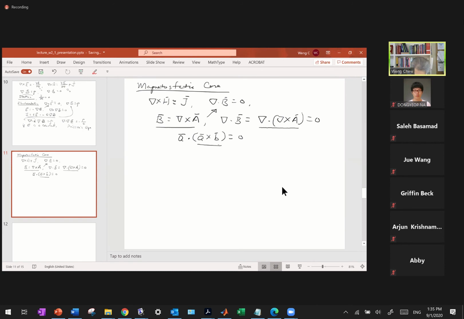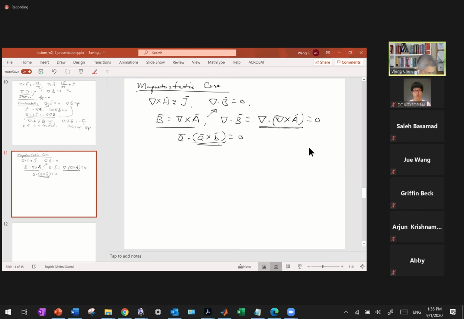You can also show it algebraically by expanding A and B in terms of Cartesian components, and then showing by algebra that it goes to 0. And you can use the algebraic derivation that you have here to prove that this in fact is equal to 0. So it's very much for the same reason that this is equal to 0, that we have that equal to 0. Okay?